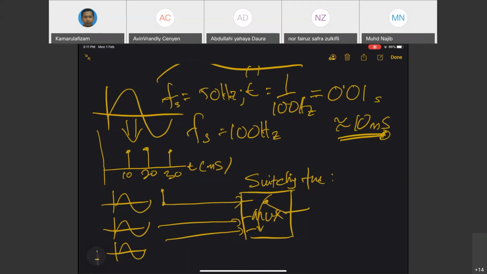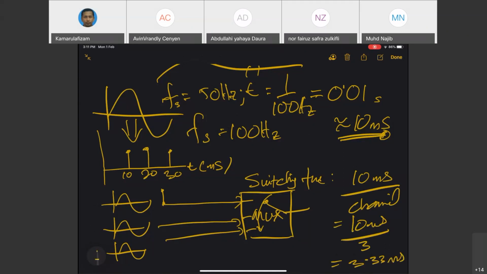For the switching time, you have to get 10 milliseconds divided by the number of channels. In this case, 10 milliseconds over 3 channels, you will have 3.33.